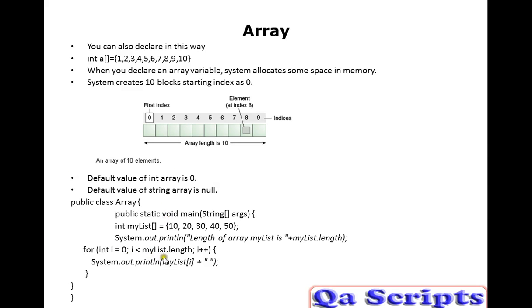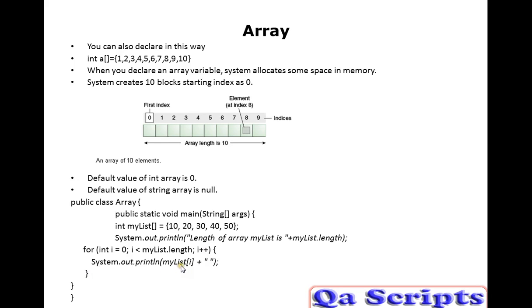When I say my list dot length, it will automatically take the length of the array. So in this example the length of the array is 5, that is 1 2 3 4 5, so the loop will iterate 5 times. Here I have given i plus plus to increment the value. System dot out, as usual I am using to print out.